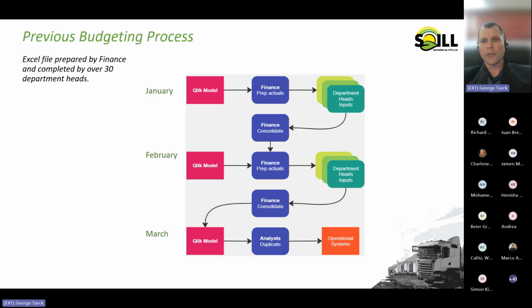We've got quite a few operational systems that make use of the budget. Things like an approval system where we can verify all the costs that we want to do against the budget for the year, or our planning systems, MRP, etc. So yes, as you can see, very lengthy process. Quite a few issues with this as well. I'll go over that in a second.